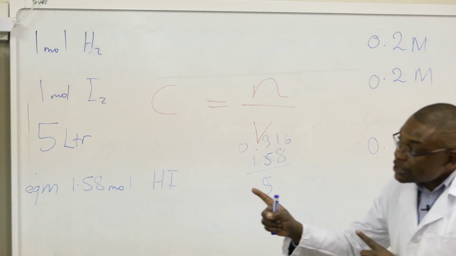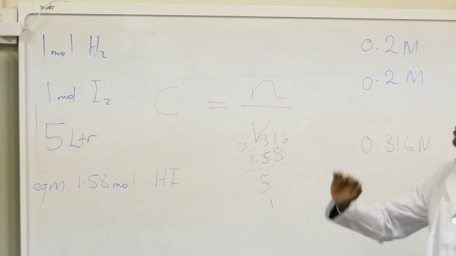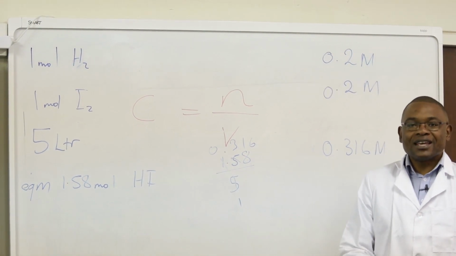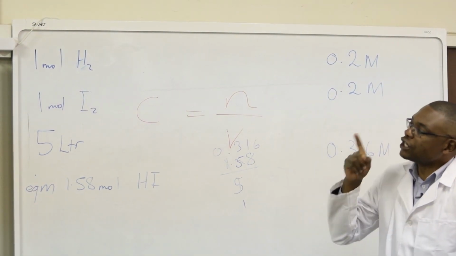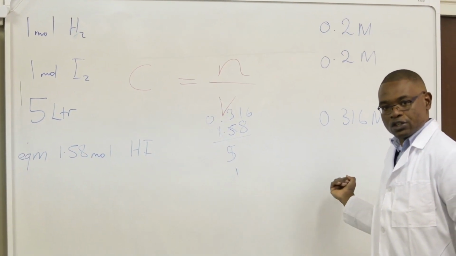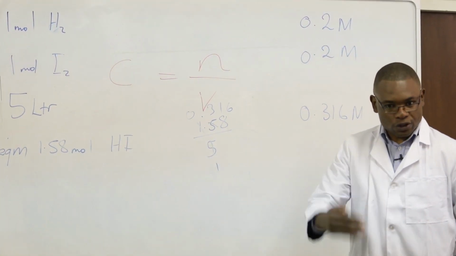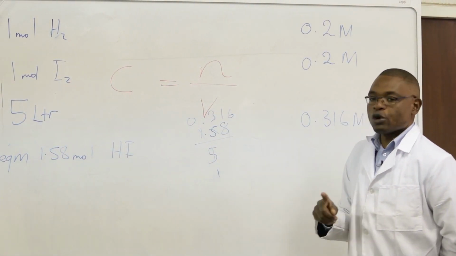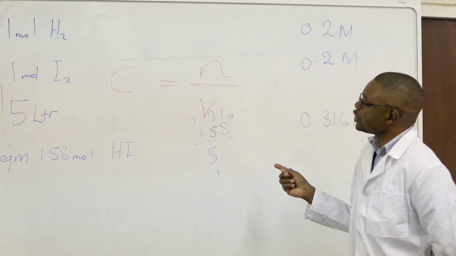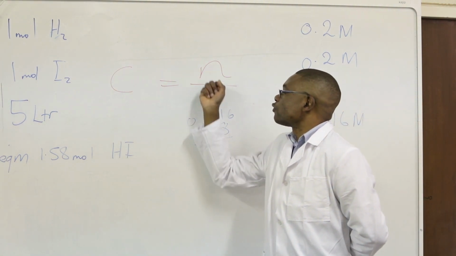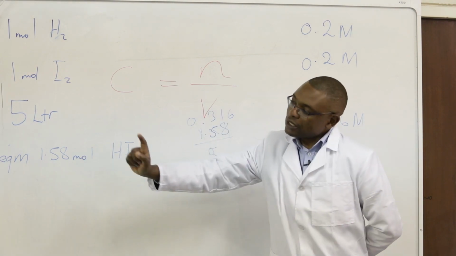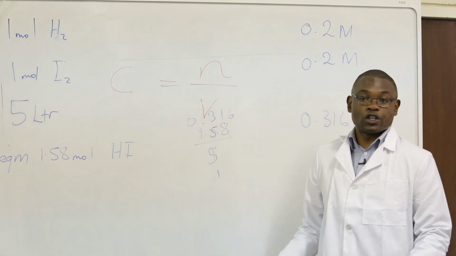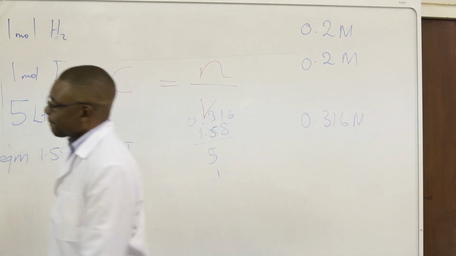So the intelligent approach is to look carefully at your data, and if there is any need to change whatever quantities you have to a concentration, do that as your first step, like what we have done here. For that, you should know the general formula: concentration is equal to number of moles over volume. But if the quantities you are given are already in concentration, then there's no need for any further conversion. You deal with them as they are.